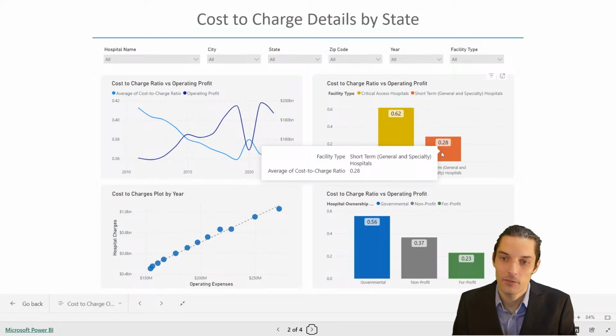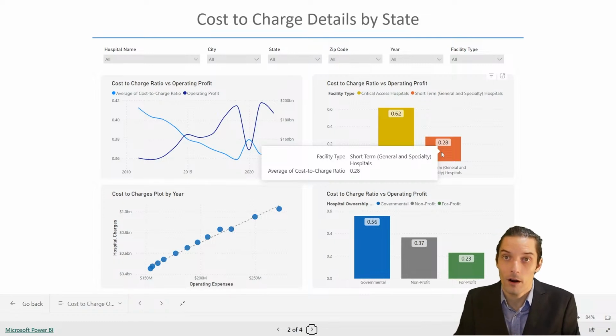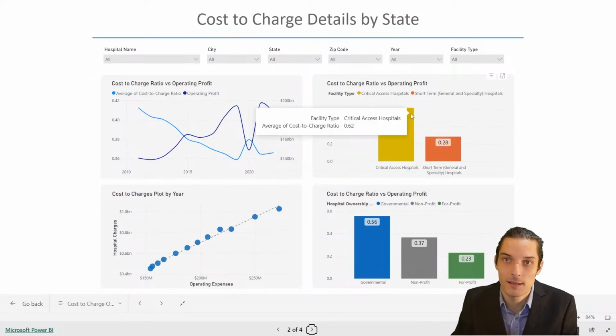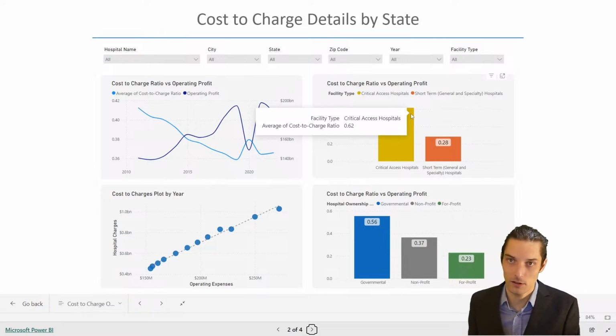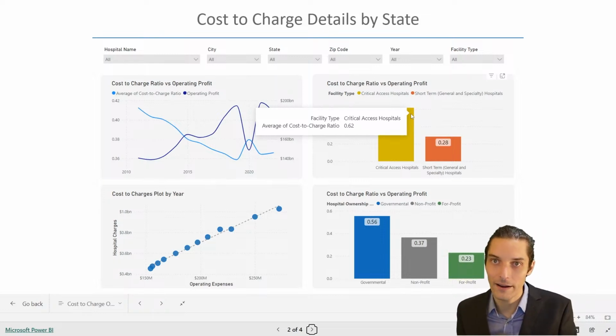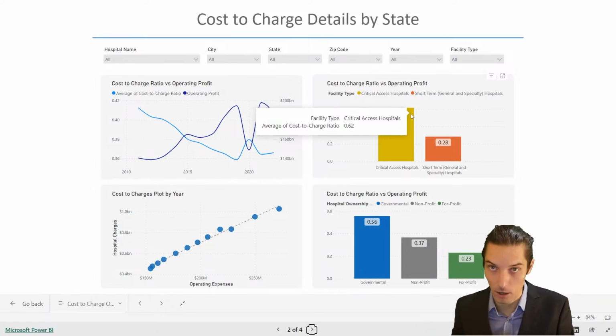Short-term care, in this case, has to charge a lot more for what their expenses are for a lot of reasons. Partially because they're doing specialized kind of care or specialized procedures that require higher charges to then get negotiated down.